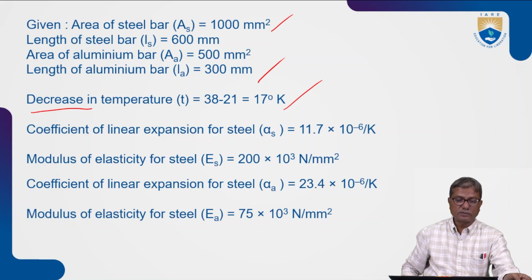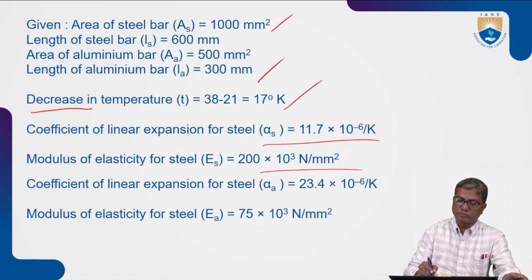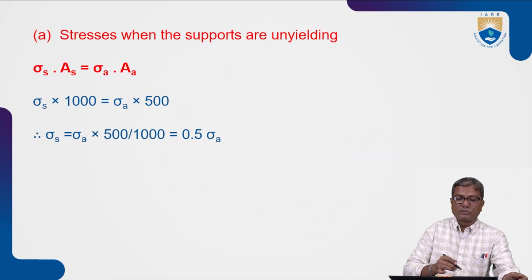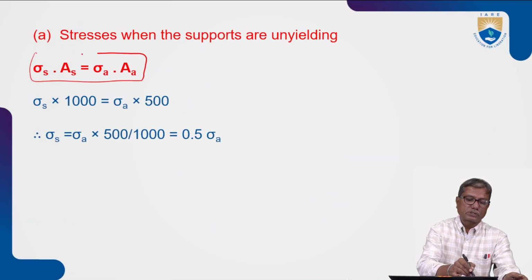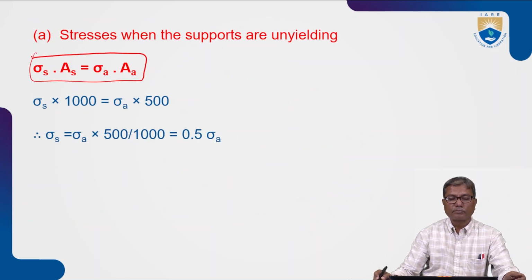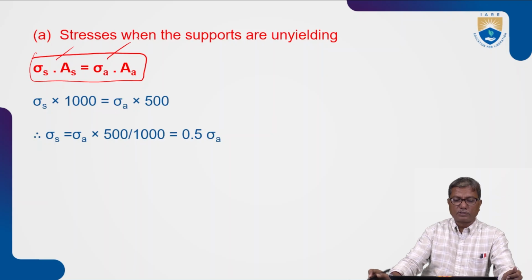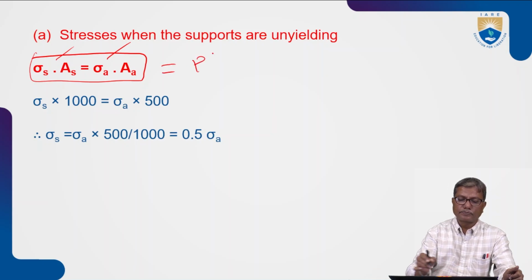First, we will see the case of unyielding supports. These are the given constants of materials. So, unyielding supports, first let us consider. The condition is this one, that is the force is same for both.